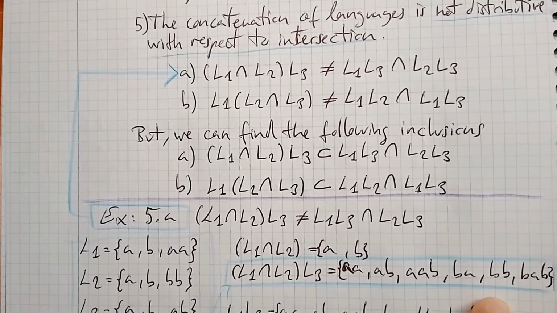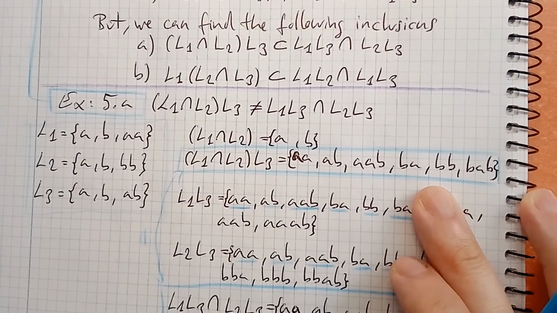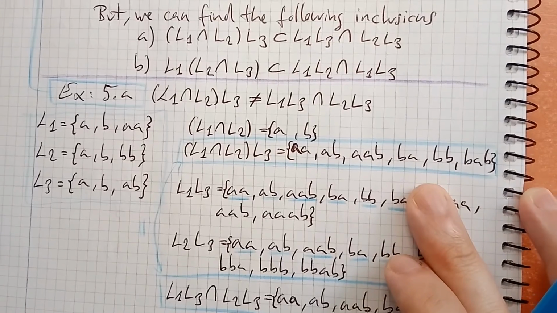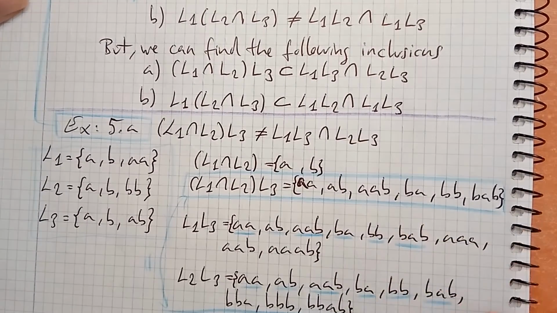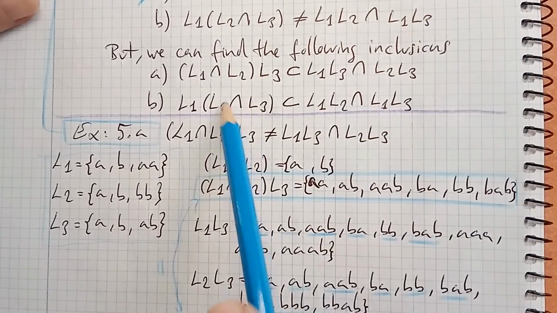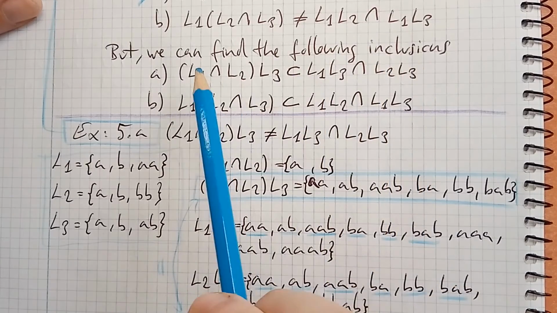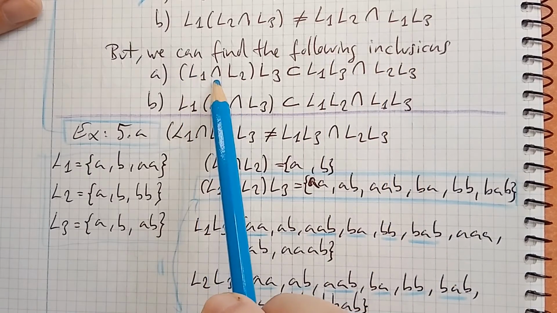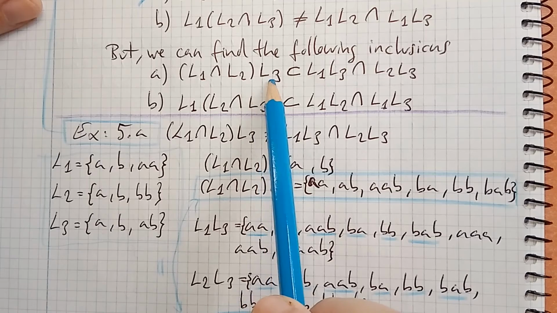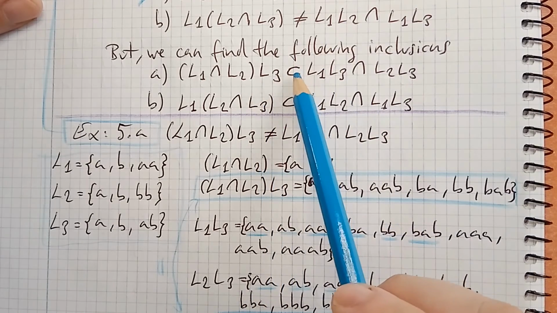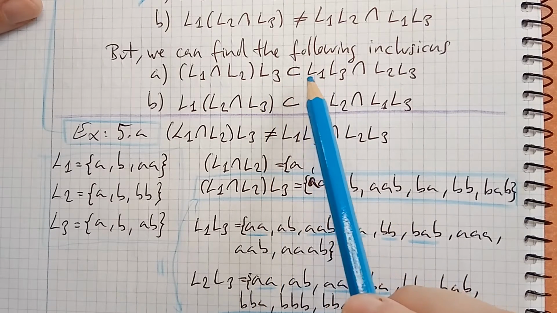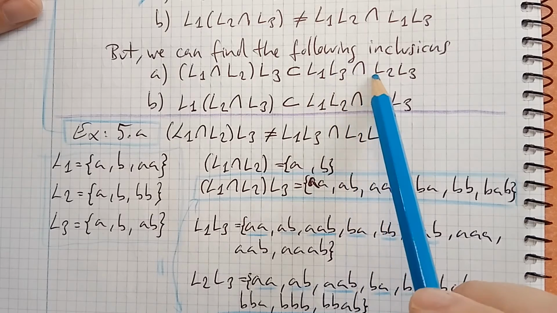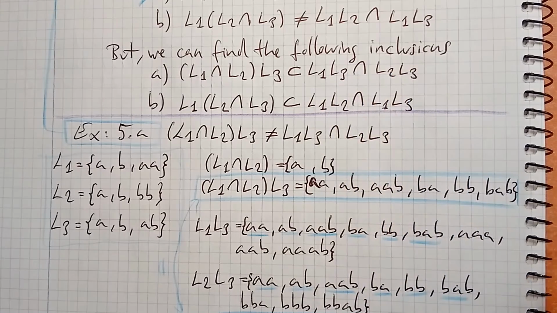And now to finish, we can find the following inclusion. L1 intersection L2 concatenated with L3 is a subset of L1 L3 intersection L2 L3.